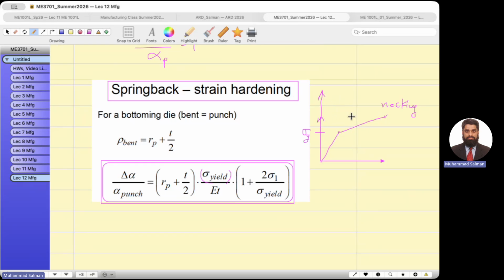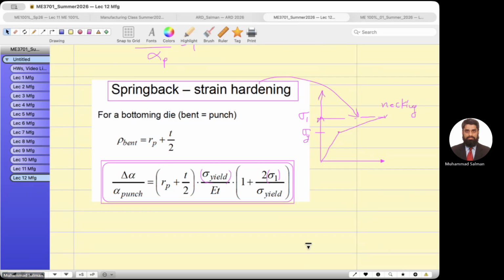So this we call a strain hardening material, plastically deformed here, and this is sigma 1. You will say, Professor, this is sigma 1. That's the maximum stress to which you can push the material. Beyond that, it will start fracturing. So we will solve a similar problem today.